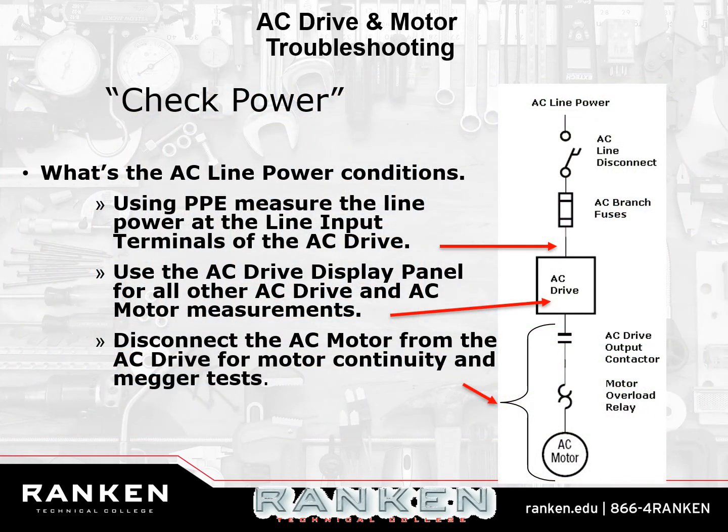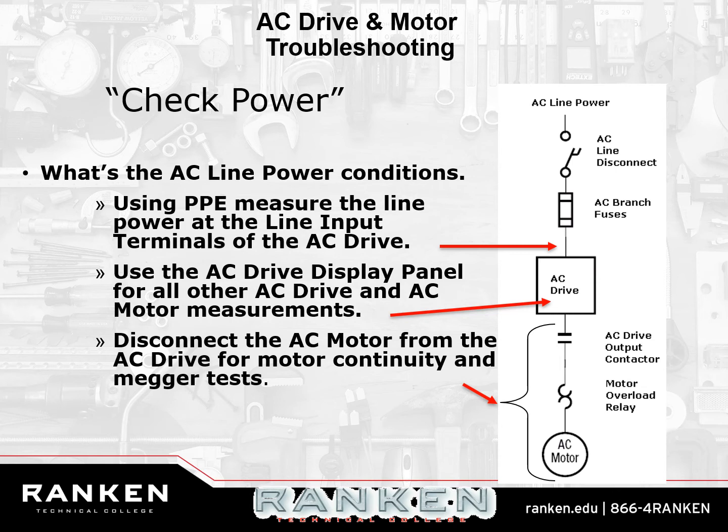So first thing to do is check the power. Always check voltage first. That's what we've talked about. Checking voltage, checking voltage, checking voltage. And if you disconnect the AC motor, you can actually mag the motor, but disconnect it from the drive. We do not want to get a spike into our drive.